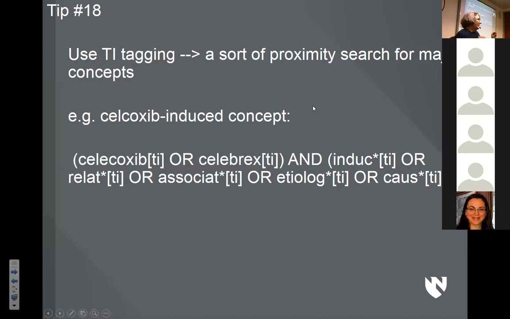And you don't want to have to type in all of those phrases, induced by celecoxib, celecoxib induced, related to celecoxib, it's just too much. So if you're doing one of those searches where you don't have to find everything in the world, and you want to find things that are focused on that, it's worth trying to start with limiting your celecoxib term to the title and your induced or associated or related to the title, etc.